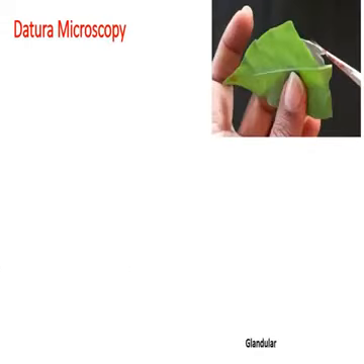Now we will see how to perform surface microscopy, also known as surface characteristics of the leaf. This is one of the microscopical characteristics. Here we determine what the various components present on the surface are.